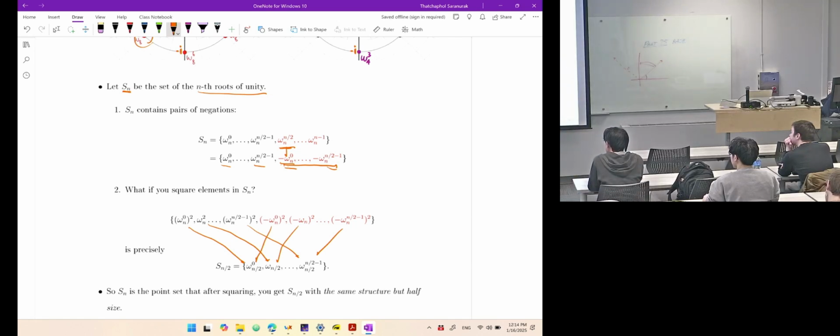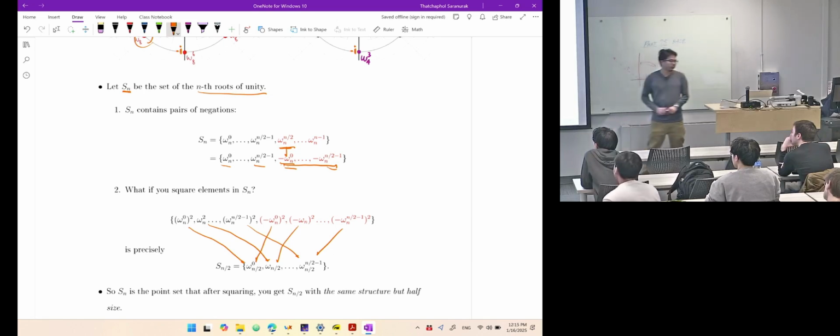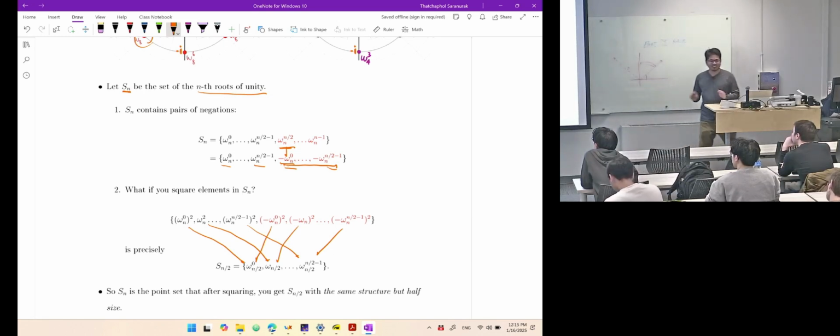And this is exactly the roots of unity, but it's the n over 2 roots of unity. I hope you are with me here.